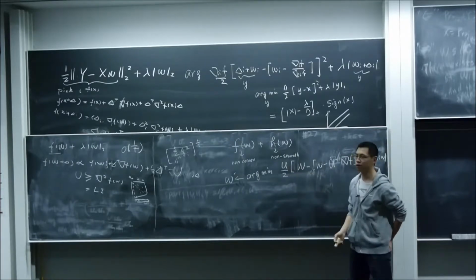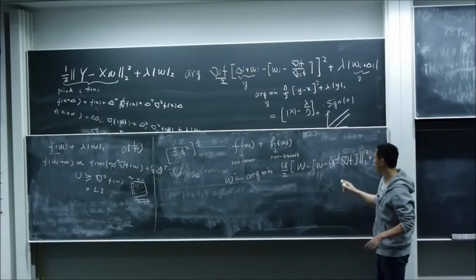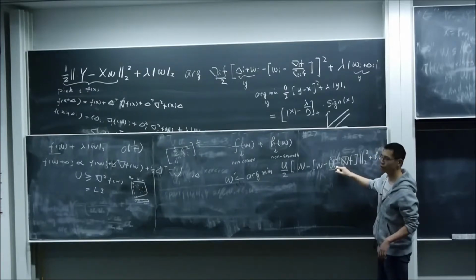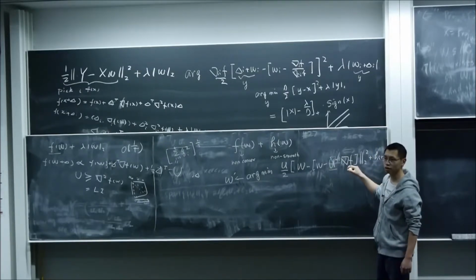U is the upper bound of the Hessian matrix. It's a matrix, and this is the inverse of the matrix. This is the gradient, the first order gradient.